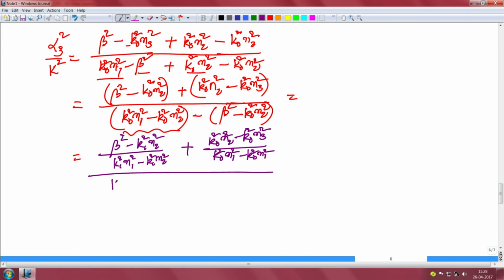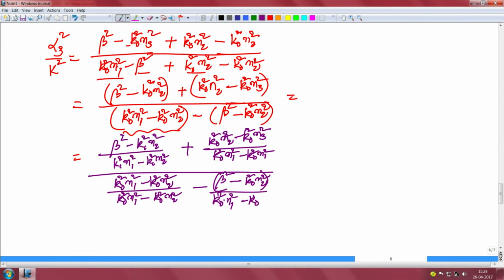Denominator also I will divide similarly, k0 square n1 square minus k0 square n2 square divided by k0 square n1 square minus k0 square n2 square, and the other part beta square by k0 square n2 square divided by k0 square n1 square minus k0 square n2 square.